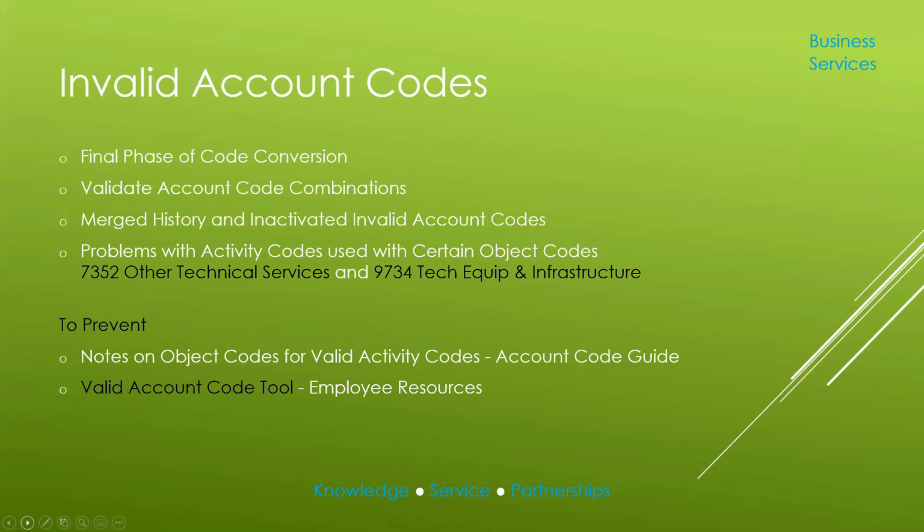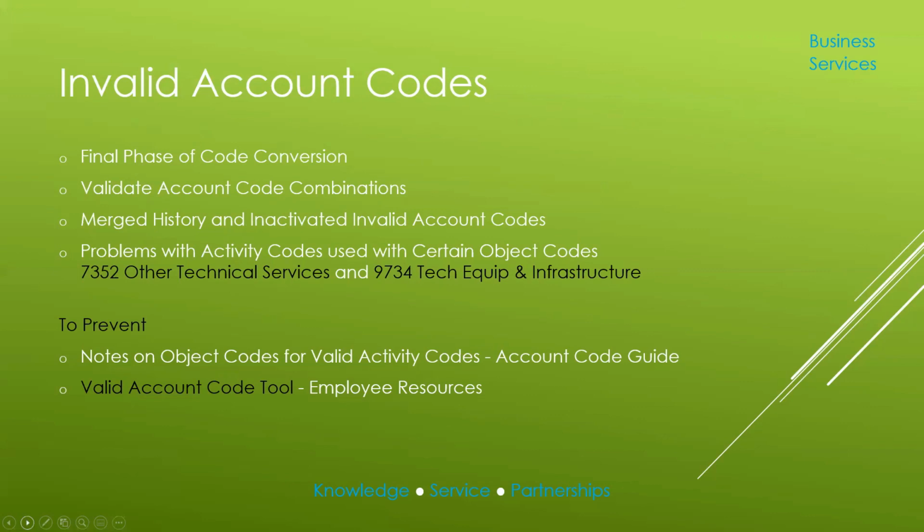In the final phases of all the account code conversions, we also got prescribed account code combinations. So we also had to validate our account code combinations, and there were many errors. We were merging history and inactivating invalid account codes. Now, there are some problems that we're having with activity codes that are used for certain object codes. I want to highlight a couple.